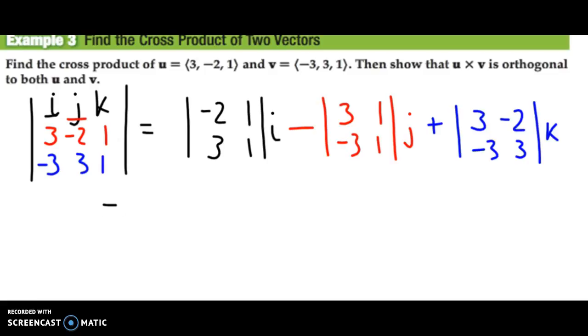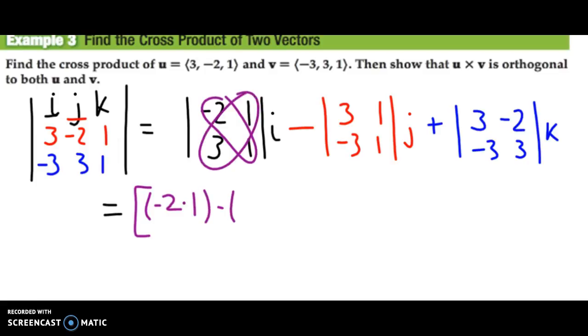Now my job is to go through each one and find their determinant. So first, in the i, negative 2 times 1 minus 3 times 1, and that's going to be my i.